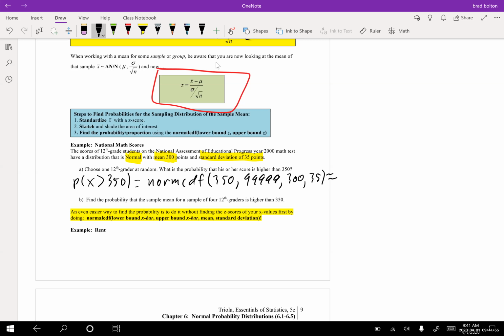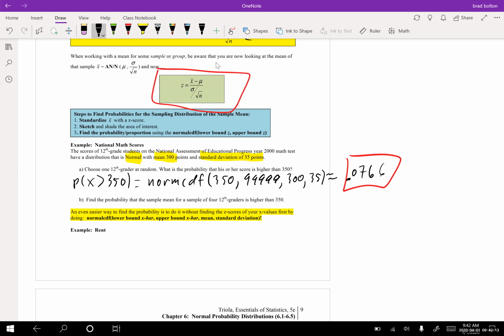Is that right? Mean of 300. So I get approximately 0.076. Let's do 4 decimals. Okay. So that means I get this probability of that occurring.